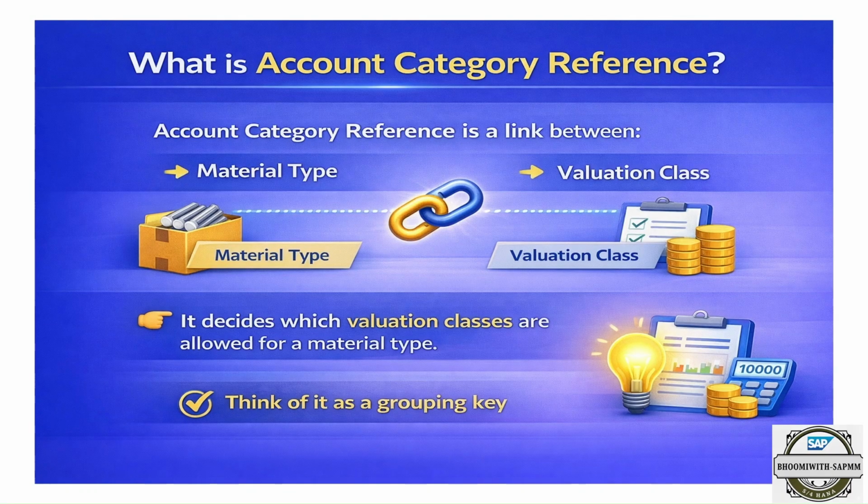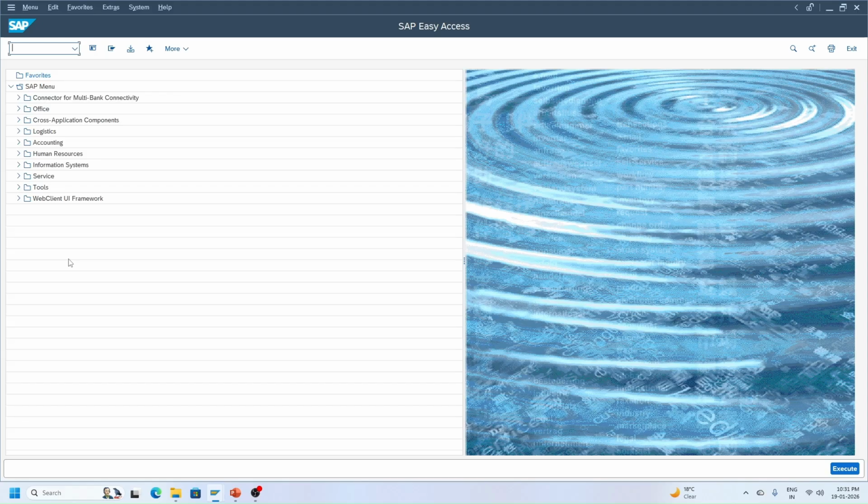So first, account category reference. Our first configuration is account category reference.